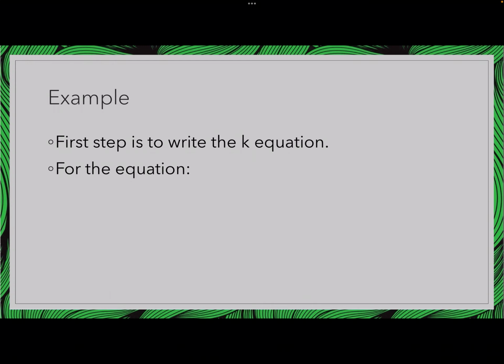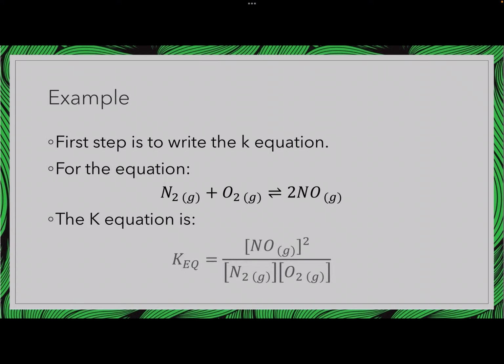So it's going to be products for NO, and it'll be squared. Reactants are oxygen and nitrogen, and they both have a stoichiometric ratio of 1, so they've just got the power of 1. So our K_eq equation is NO squared over N2 times O2.